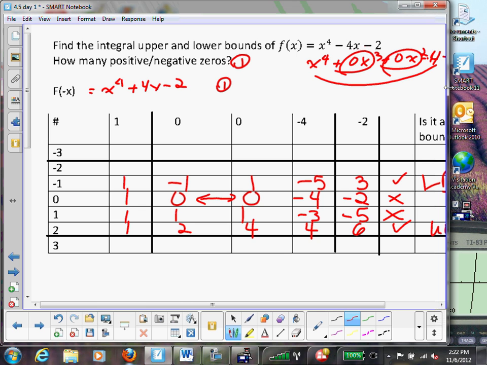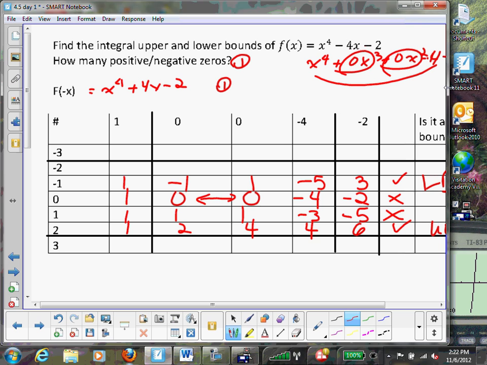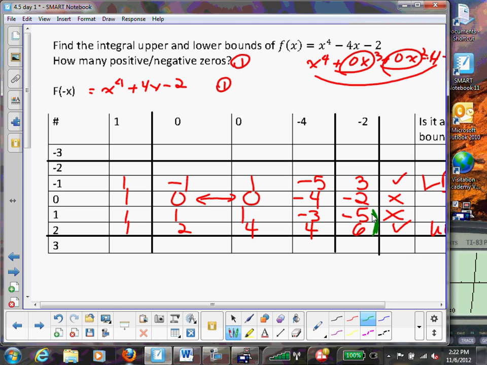Zero and negative 1, and 1 and 2. Did I do something wrong here? Okay, math. Look at your sign change. I'm going from a negative y value to a positive y value, right? Doing substitution. Isn't that going to indicate that we've got some kind of a crossing of the axis?